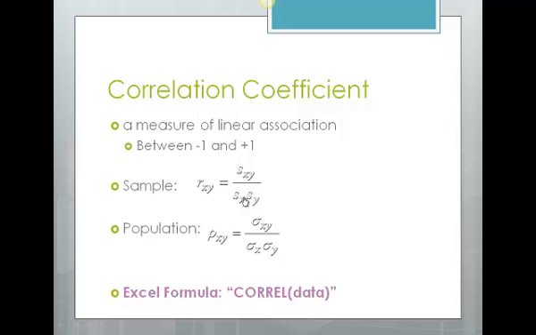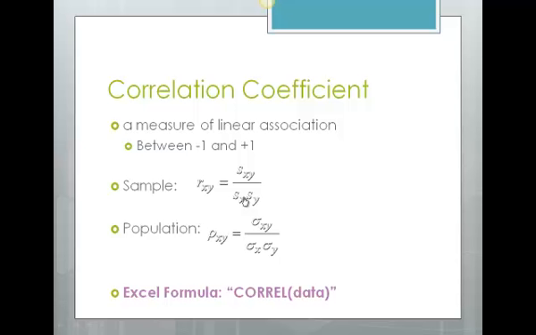A correlation coefficient can be between -1 and +1. Values near 1 indicate a strong relationship. A value really close to -1 would be a very strong inverse relationship. A value very close to +1 would be a very strong positive relationship. A correlation coefficient value close to 0 would indicate a weak relationship between the two.